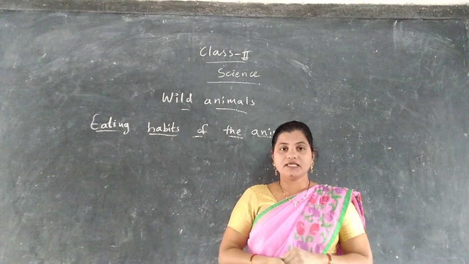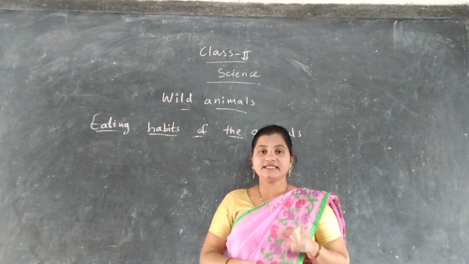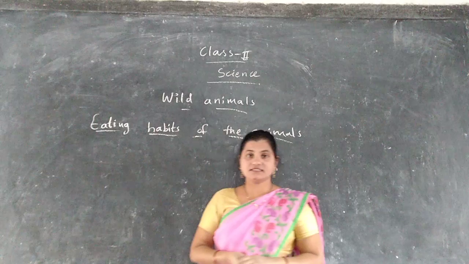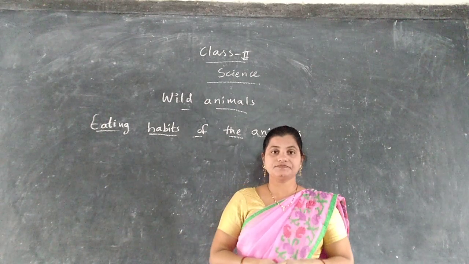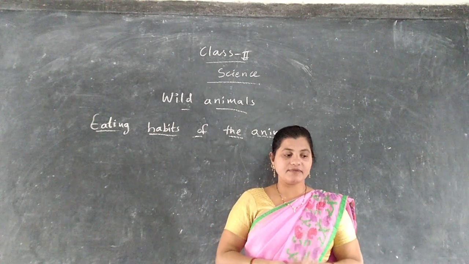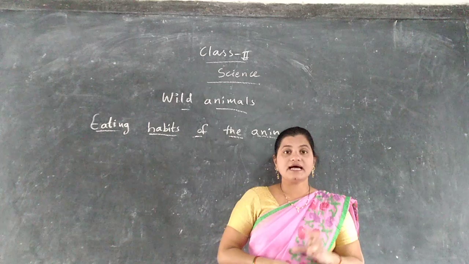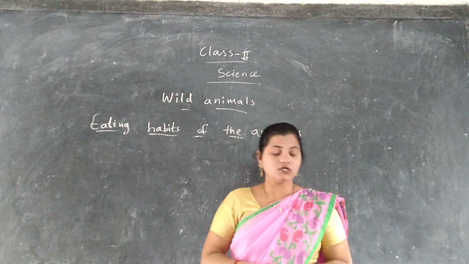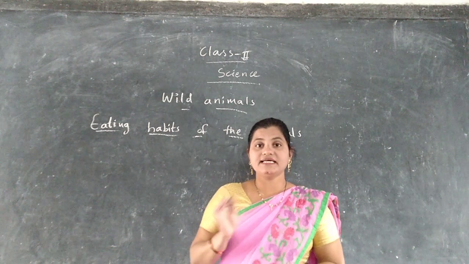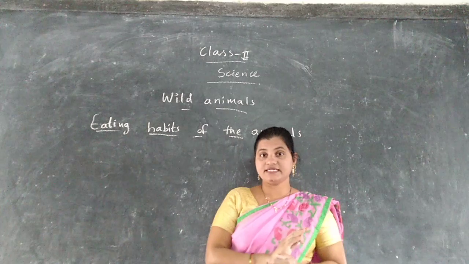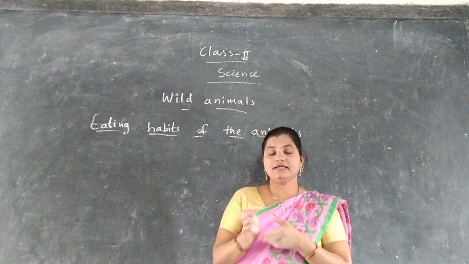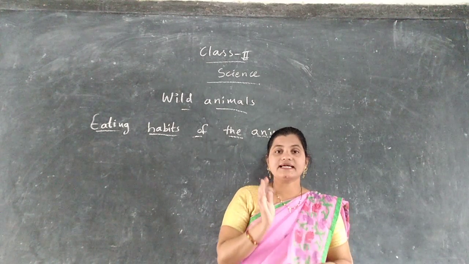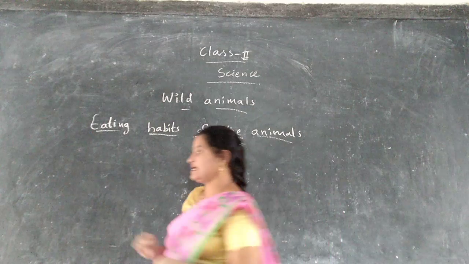Food is a very important thing for all living animals and all living things also. Based upon their food habits, the animals are divided into three categories. Means depending on what they are eating, they are categorized into three categories.